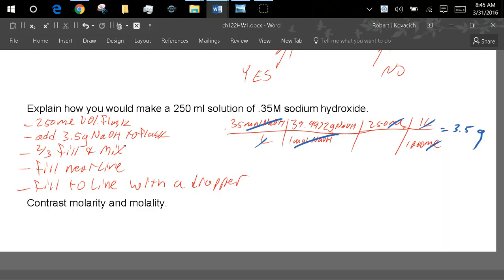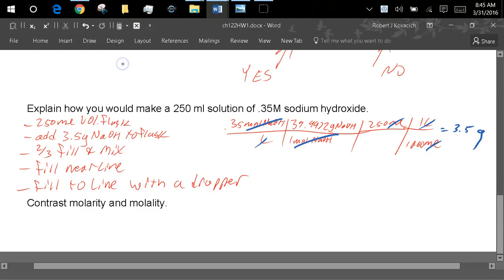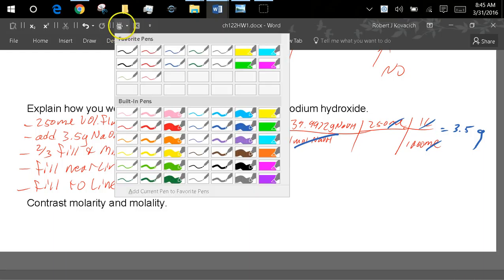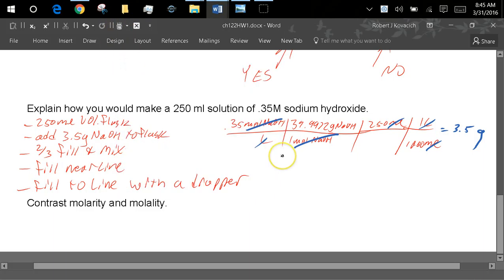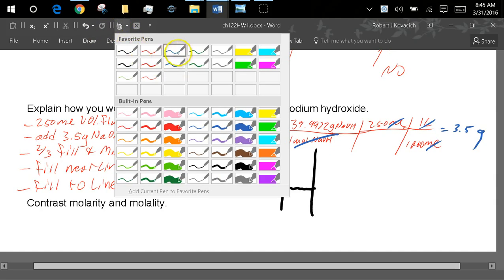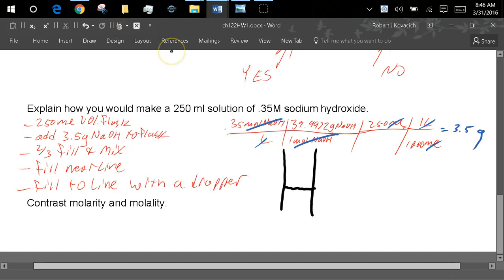And remember what we're looking for. Let's say this is the neck of my volumetric flask, and this is the laser line that's been drawn. What I need to see is this. That did not change. That's what I'm looking for. The bottom of that little meniscus is hitting the top of that line.